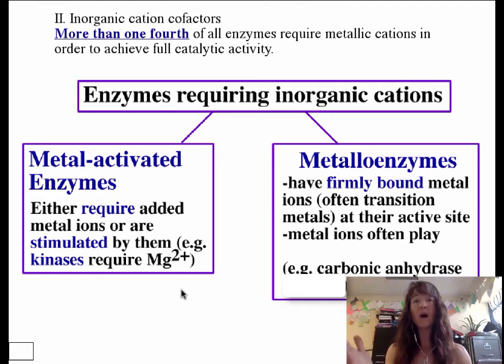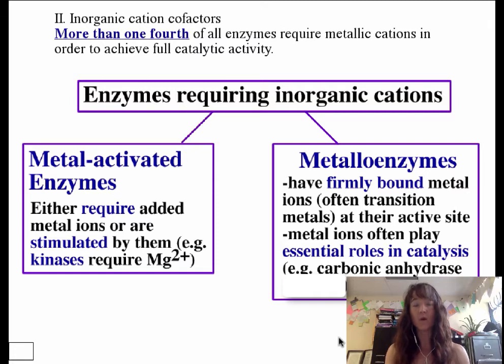Additionally, it may very well then play a catalytic role in allowing the enzyme-substrate complex to become product. So there may be a catalytic role that is also determined by the cofactor, the metal ion in metalloenzymes. And as I mentioned, my very favorite enzyme, carbonic anhydrase, is a really wonderful example of this.